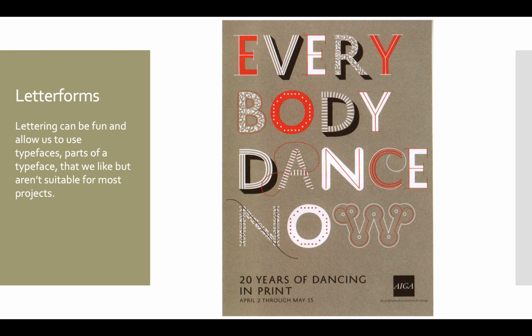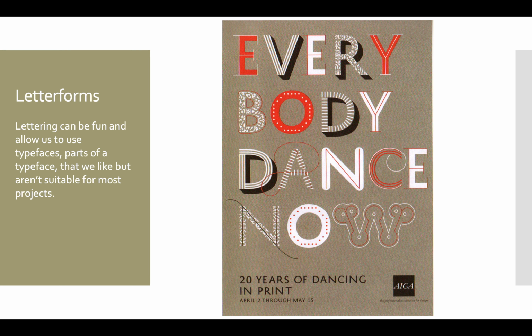So we can think about, especially with display fonts, how we can play with these letter forms as a way to evoke emotion and feeling, like we're going to be doing in our motif type piece. So, for example, this poster here on the right-hand side, Everybody Dance Now, you can see the energy coming through the different letter forms.